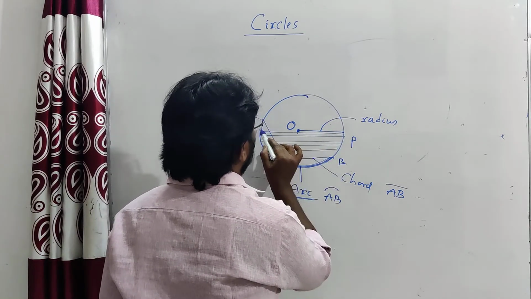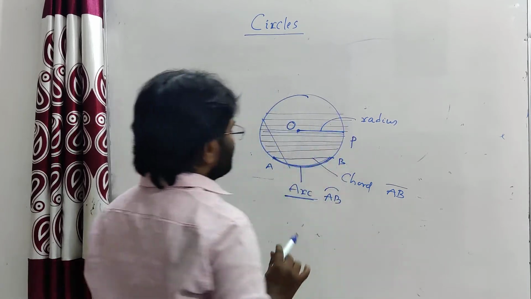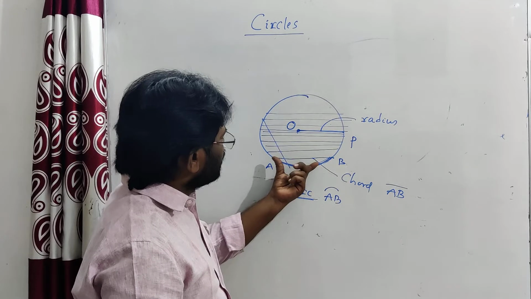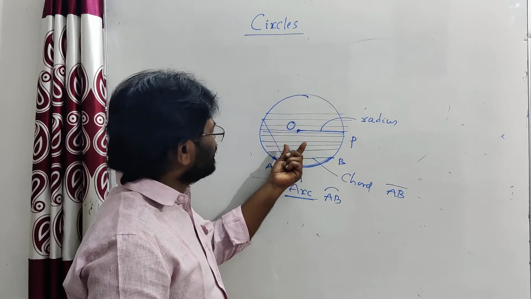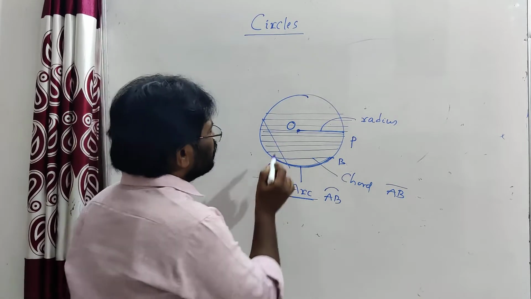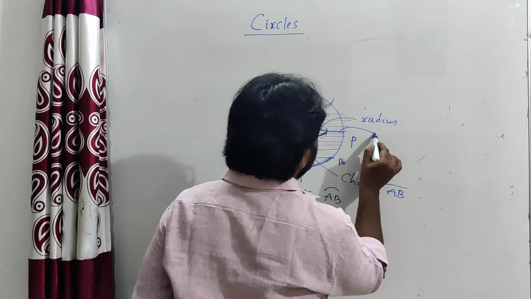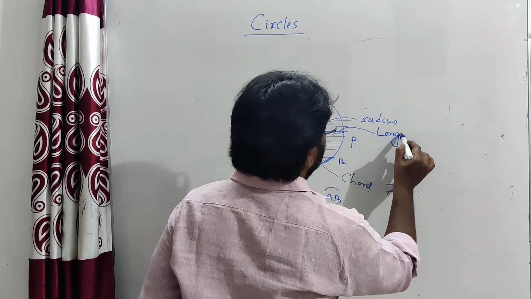One thing you have to observe here. The length of the chord increases as it gets nearer to the center. So what is the longest chord? A chord passing through the center. This is the longest chord.